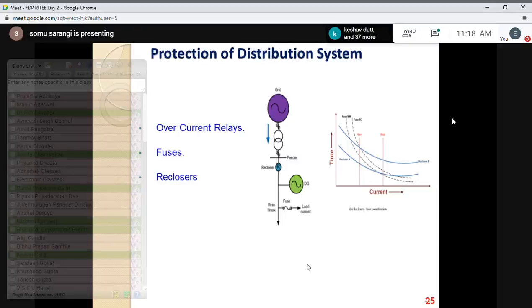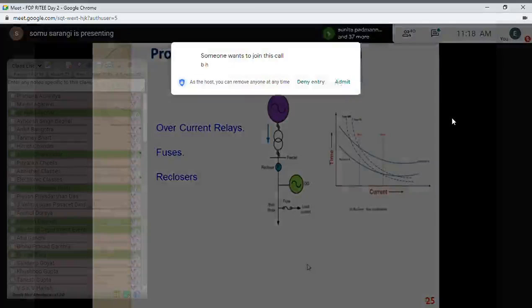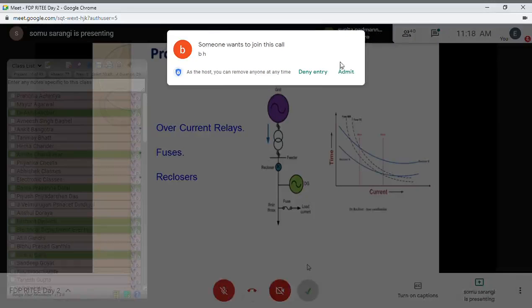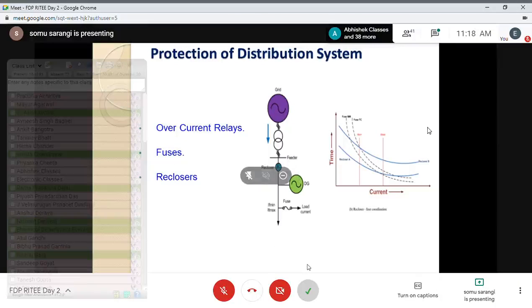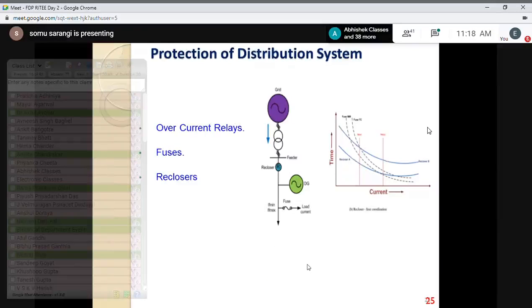Basically, if there is a fault on the load side, the fuse should operate, but replacing the fuse is a problem. So in order to protect the fuse, the recloser may operate first. If the recloser operates and the fault is not cleared, then when it tries to reclose again, the fuse should operate.